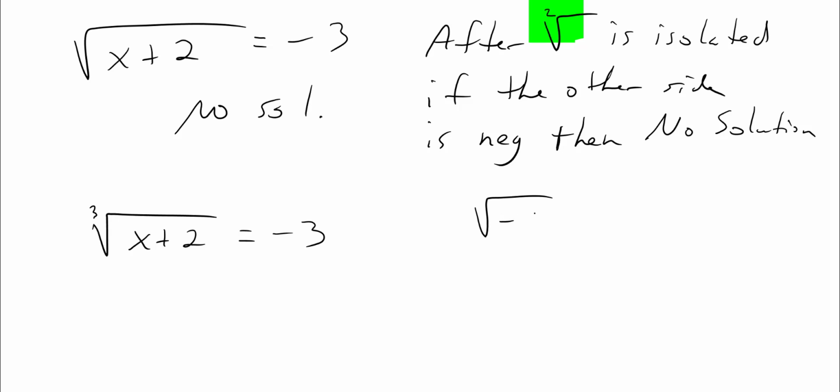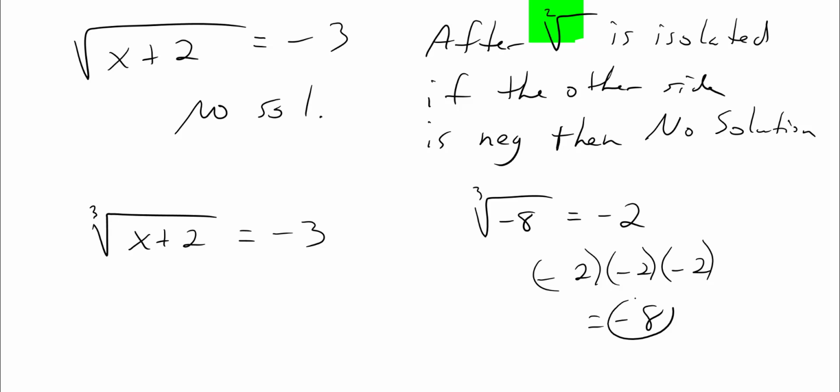If you type that in your calculator, the cube root of -8, it's -2. Because think about it. What's -2 times -2 times -2? It's -8. So I can do cube roots, because a negative times negative times negative is negative, but I can't do square roots, because a negative times a negative will never be a negative. It'll always be positive. Always, always, always.